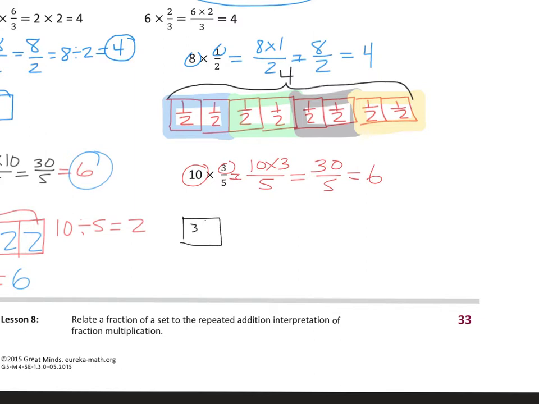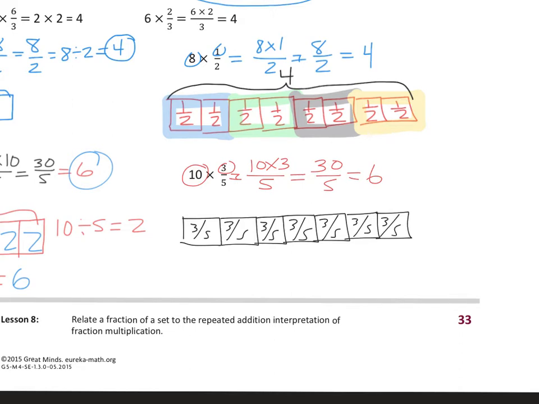This first box is going to be 3/5. My second box is going to be 3/5. My third box is going to be 3/5. Fourth box is going to be 3/5. Fifth box is going to be 3/5. And I have to do this 10 times. There's my sixth box, my seventh, my eighth, my ninth, and here's the last one, the 10th.